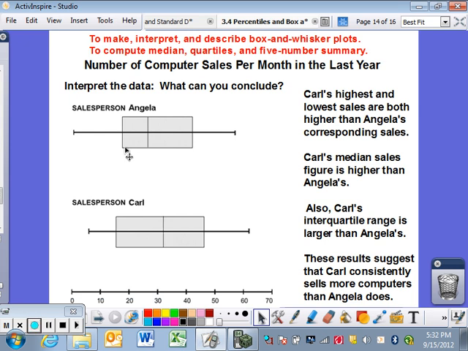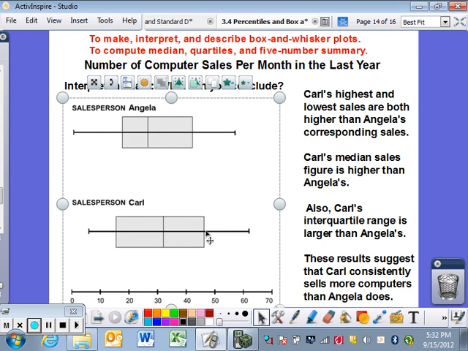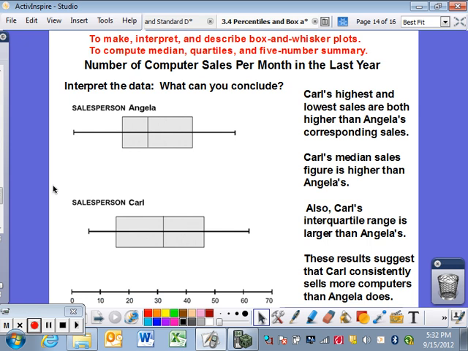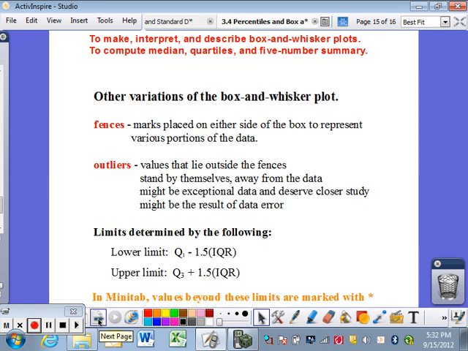At the same point, when your highest number is better, your 75th percentile is better, your median's better, and your lowest is better, you probably could argue that Carl consistently sells more computers than Angela does because of this. So you may have to compare these, and that's what you're looking for. You want to compare the similar percentiles and see if there's anything happening. So that's just an example of that.